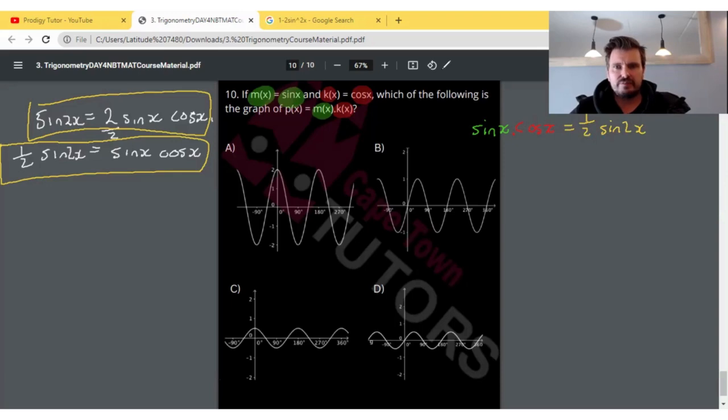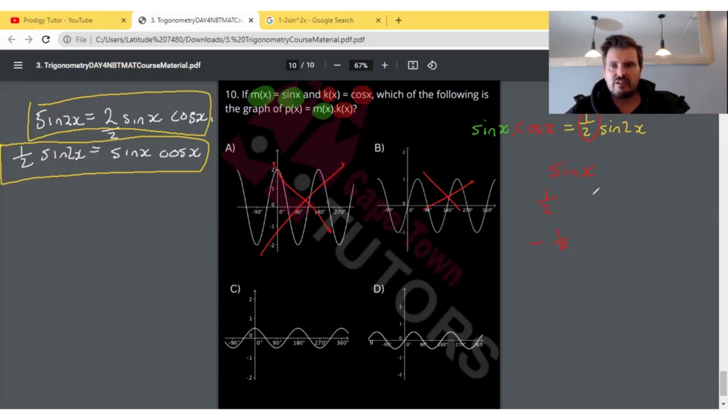Now, what does that mean? Well, what's our normal amplitude for a sine x graph? It's 1 and minus 1. So if this is the amplitude, then our amplitude is halved to half of 1, which is a half, and minus a half. So I can rule out this one, which is doubled. I can rule out this as 1, and then I'm stuck with these two, where I can see that they've done the amplitude as a half.